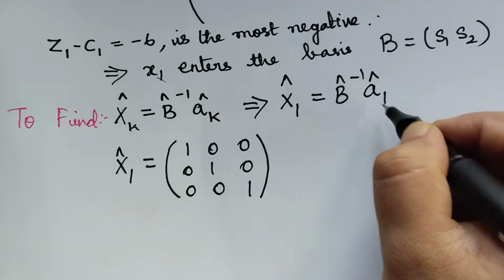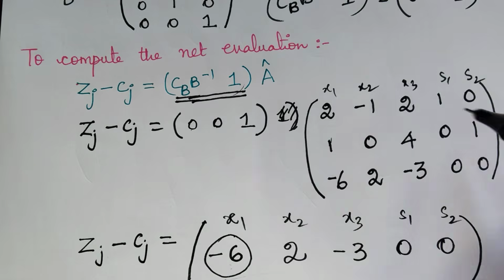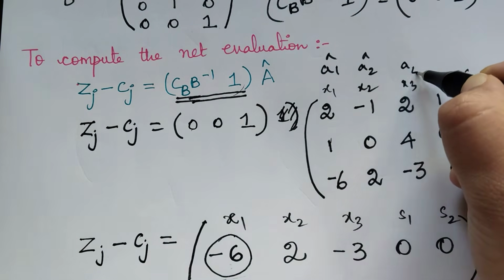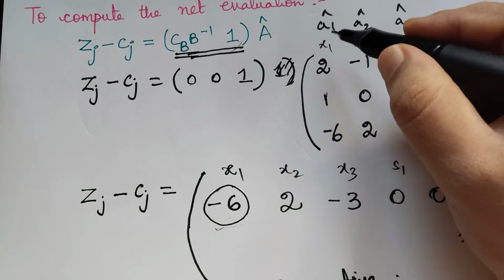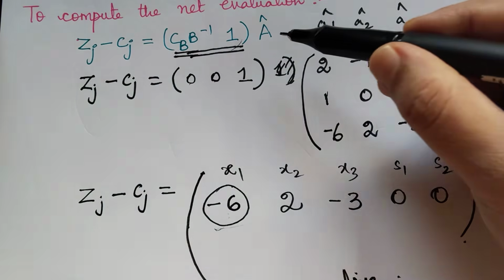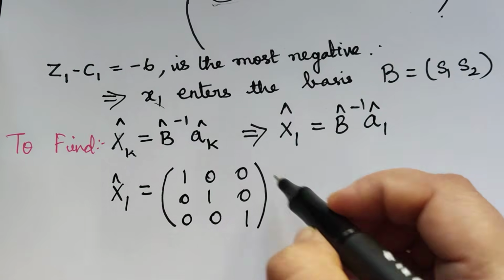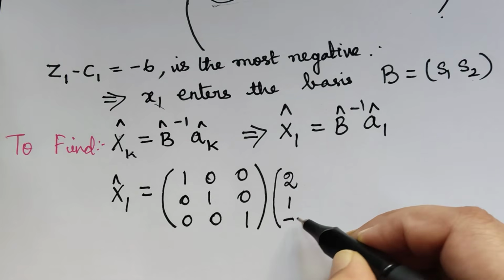Next we have to write A1 cap. We have to consider this A cap matrix, where this is A1 cap, this is A2 cap, and this is A3 cap. So A1 cap is this column matrix. Remember, in the matrix A cap, the first column is A1 cap. So that matrix we have to write here: 2, 1, minus 6.